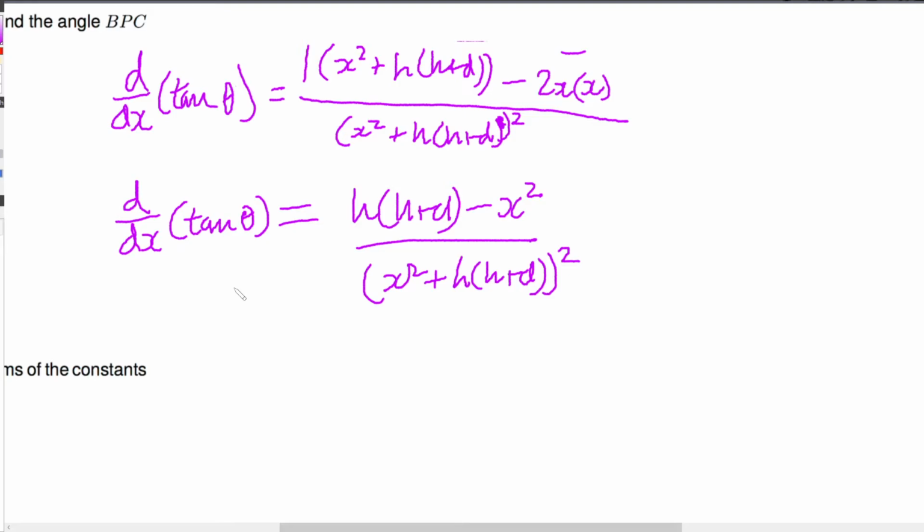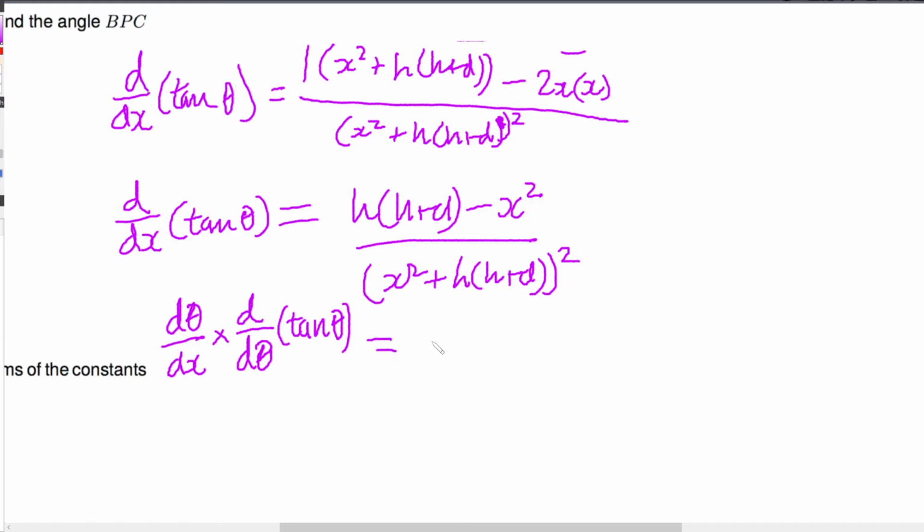Oh, right, I realized what to do. So d by dx tan theta is equal to d theta by dx times d by d theta tan theta. And really, to maximize theta, we want d theta by dx to be equal to 0.